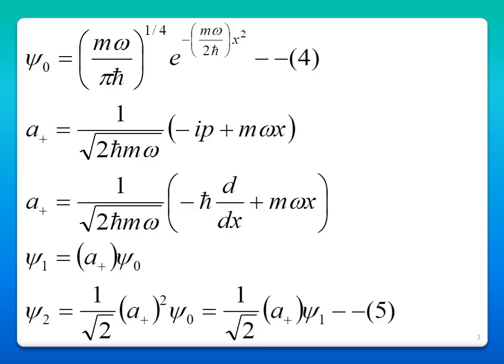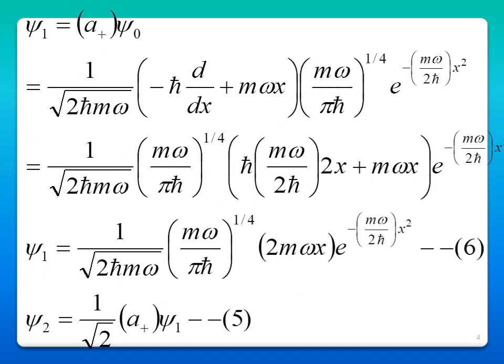So now psi 1 is A plus acting on psi naught, and psi 2 is 1 by square root of 2 A plus acting on psi 1, otherwise 1 by square root of 2 A plus 2 times acting on psi naught. For psi 1, you put the value of A plus and psi naught, and here it is d by dx.